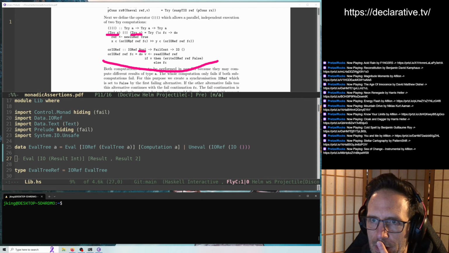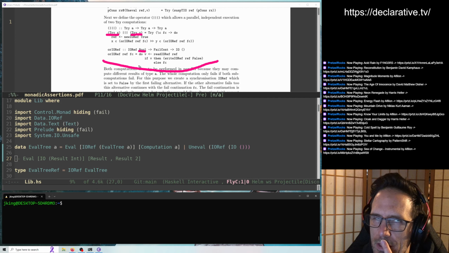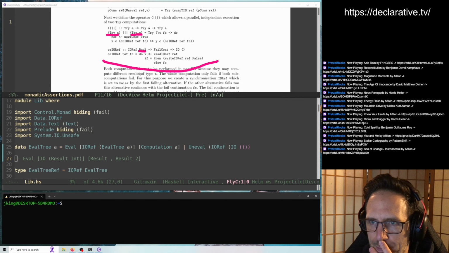I'm not sure why we need to pass this IORef bool here. Because in this body here, we read the IORef, and if B, which is going to be always true, then we write the IORef false. Oh, okay, I think I understand now. Because it's an IORef, it can be mutated, right?